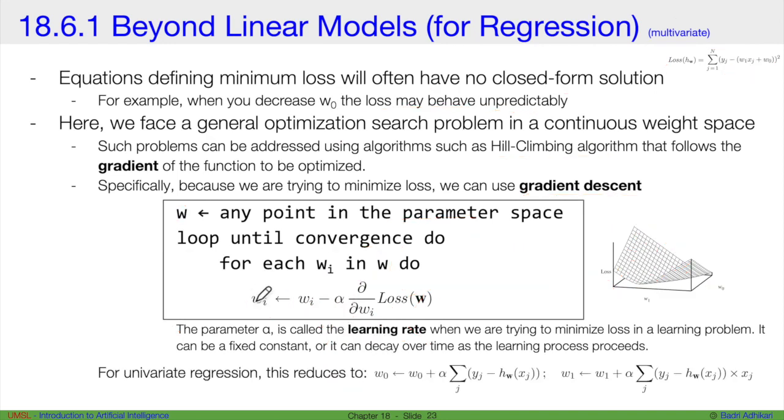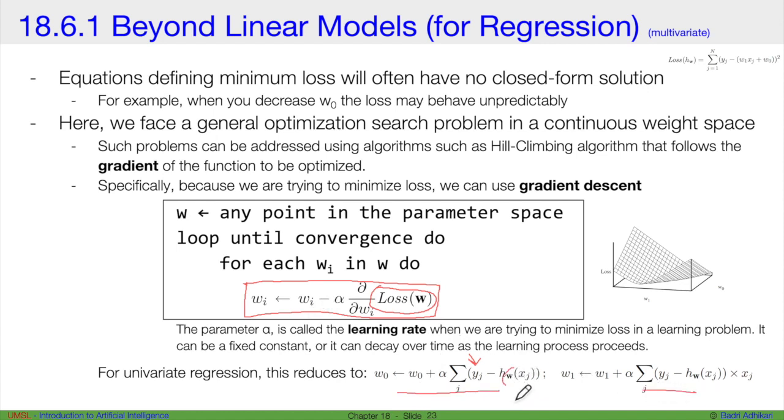Now for univariate linear regression, this equation reduces to this. That's because we exactly know what the loss function is, and after calculating the partial derivative for W0 and W1, we will get this equation as we saw before.